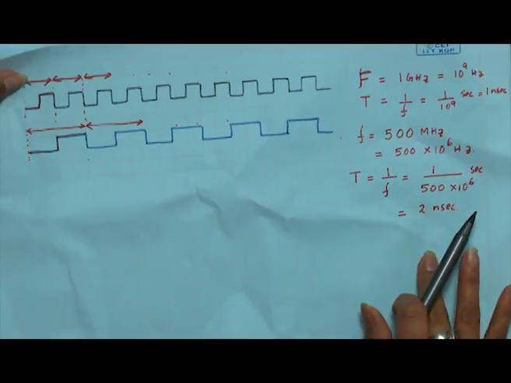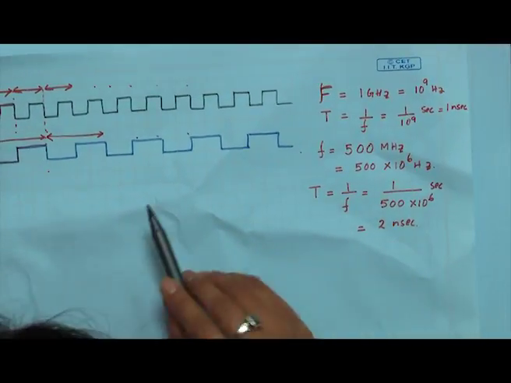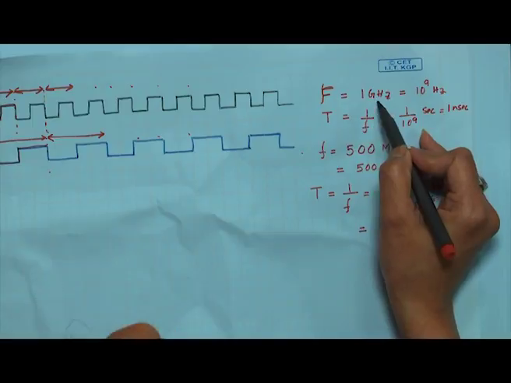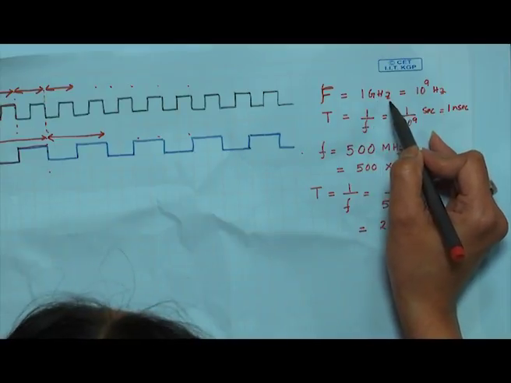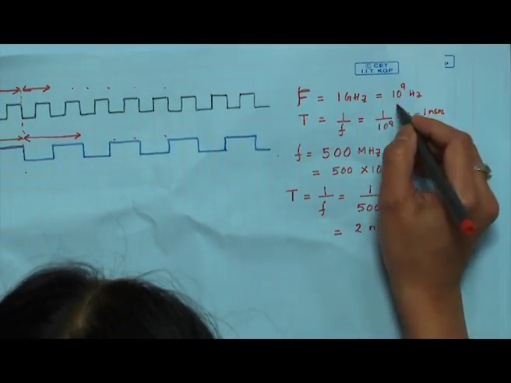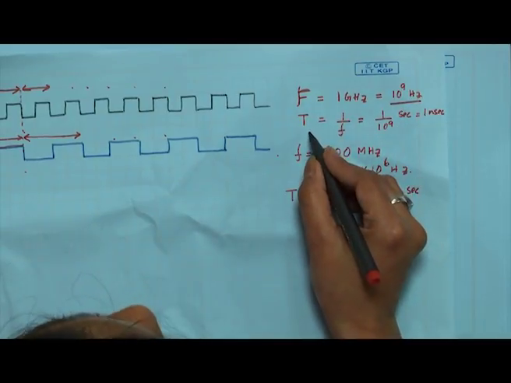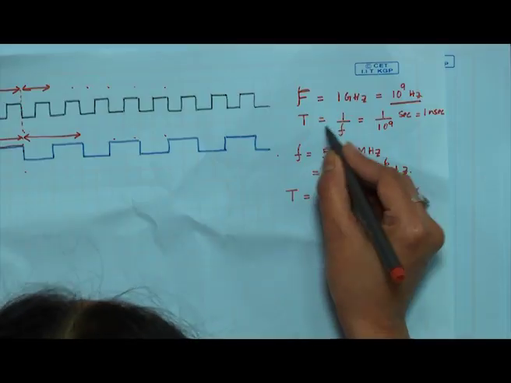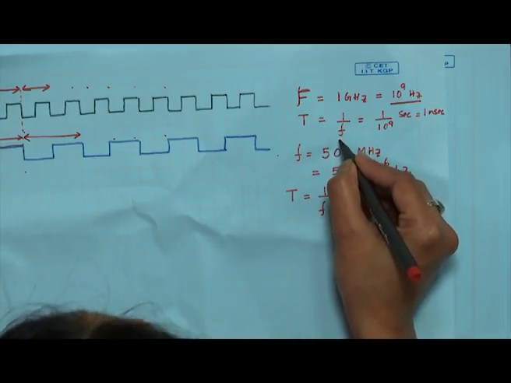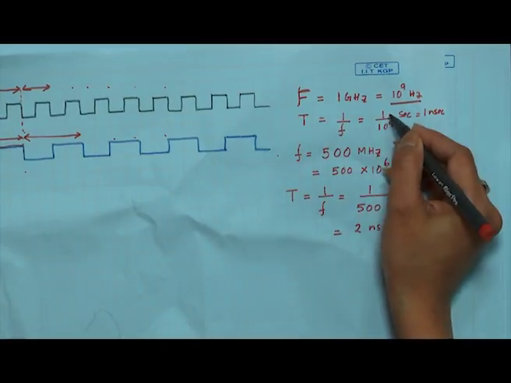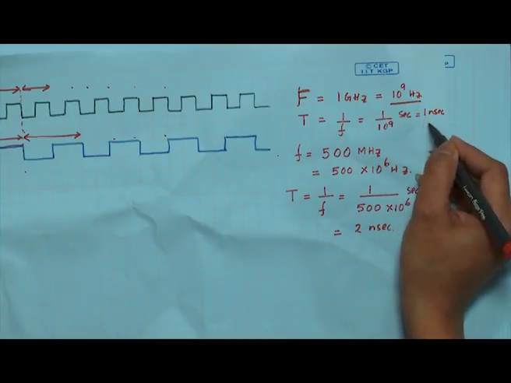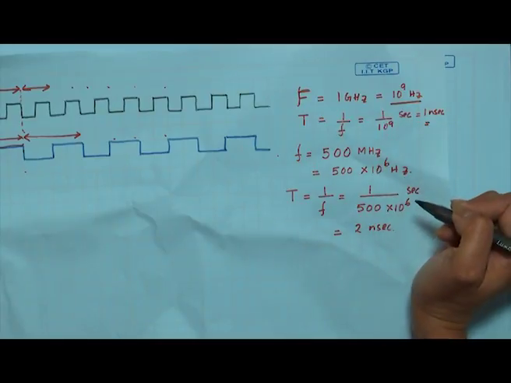Let us see that for the first clock, let us say the frequency is 1 gigahertz, that is 10 to the power 9 hertz. So, what will be the time period? As I said, time period will be 1 by f. So, time period will be 1 by 10 to the power 9 seconds, that is 1 nanosecond.